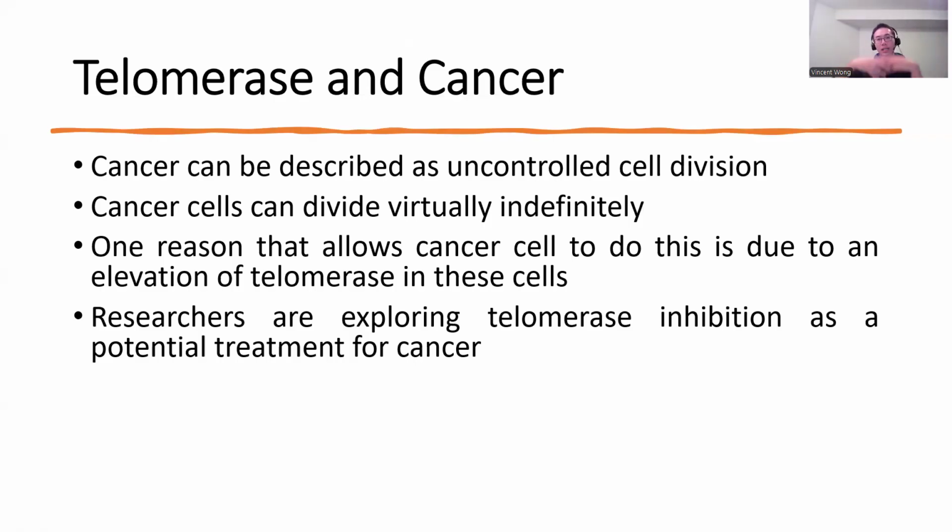Uncontrolled cell division is basically a collection of cells now. And that tumor could be cancerous. So researchers are trying to explore telomerase inhibition as a potential treatment for cancer. If we can block the telomerase in these uncontrolled cells, then maybe we could stop its growth, right? Maybe we could shrink the tumor, and it could be a useful treatment for cancer.